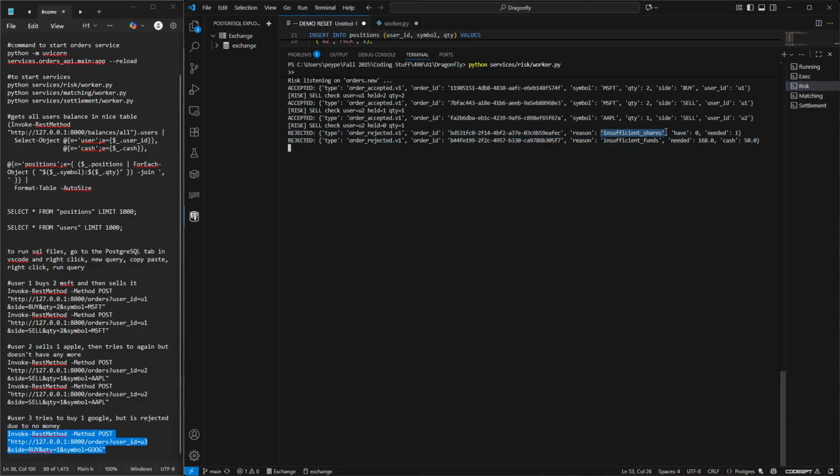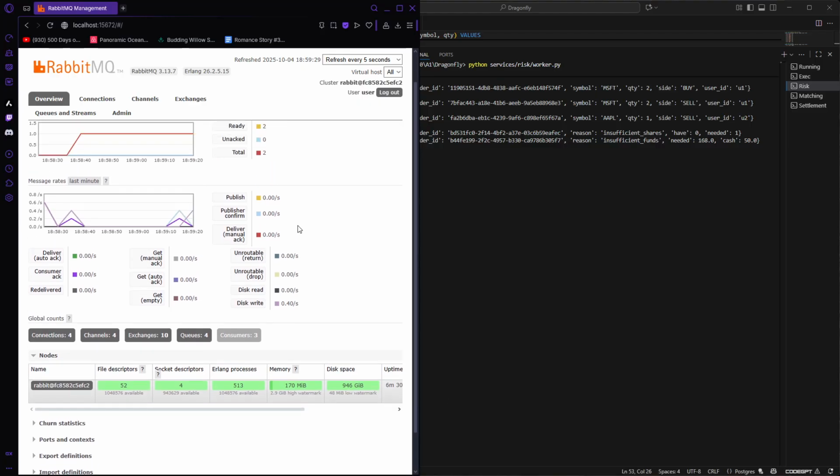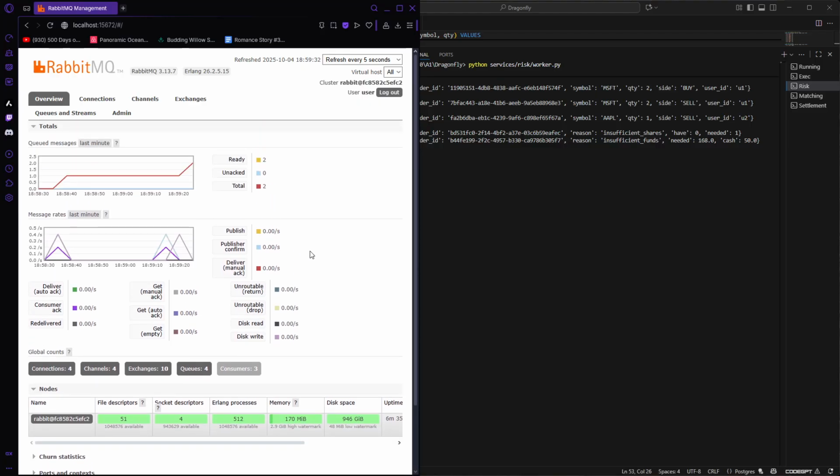And this gives us some information. This one was rejected because of insufficient shares. This one was rejected because of insufficient funds. So it's basically able to look at how many funds and what stocks the user has and see if they are valid.